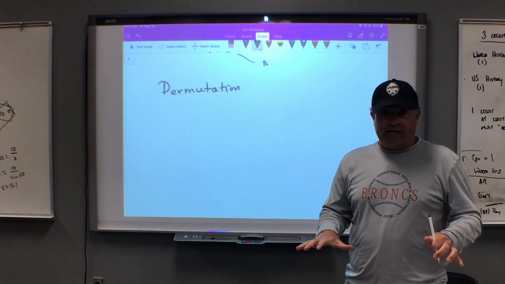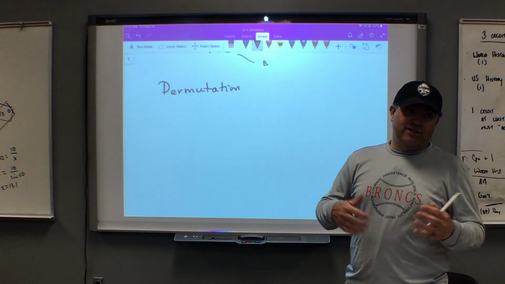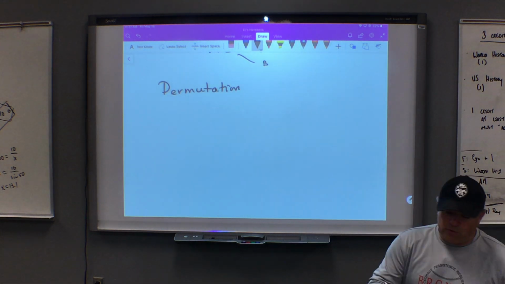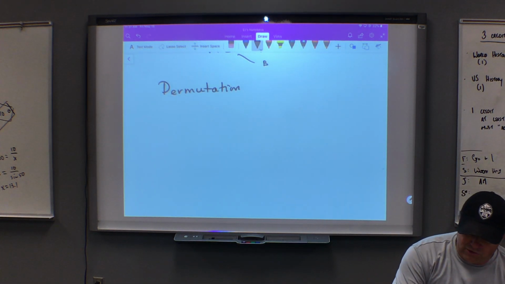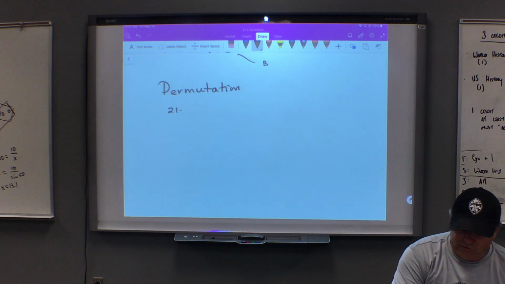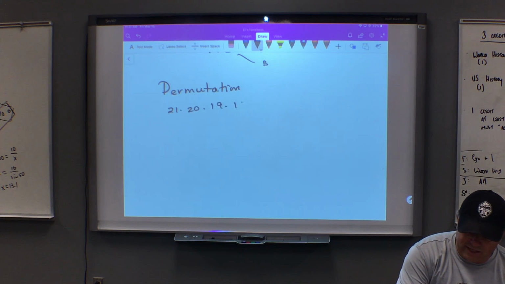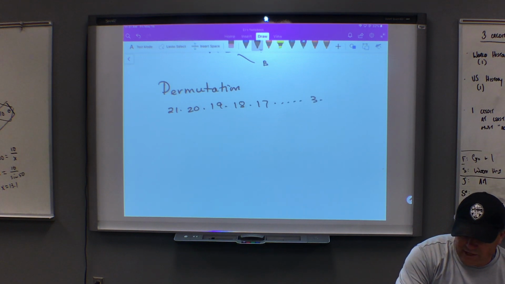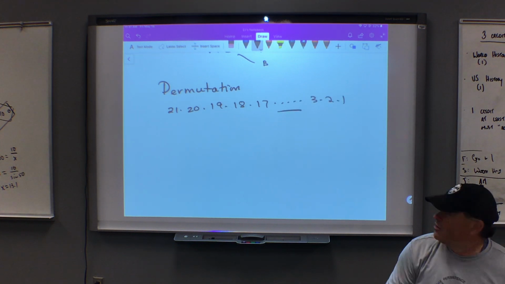And I have 21 desks, and each of you sit in a desk, so how many different unique combinations? Well, if we went through this and said, hey, I could do 21 on the first desk, 20 on the second desk, 19, 18, 17, all the way down 3, 2, 1, and that's covering all the numbers.